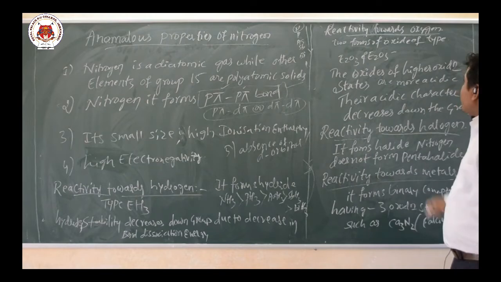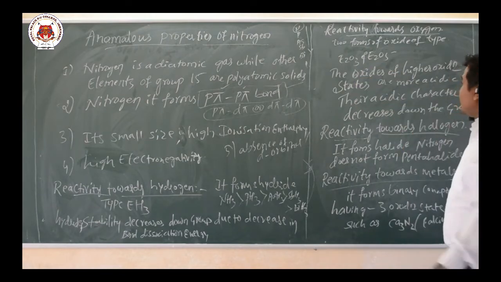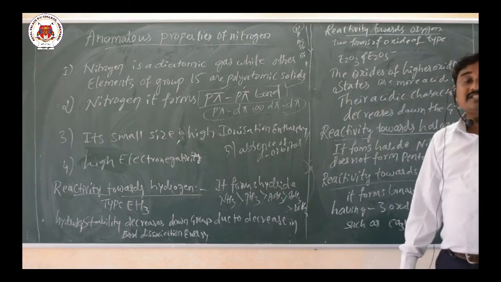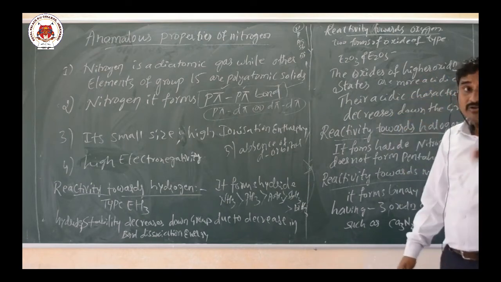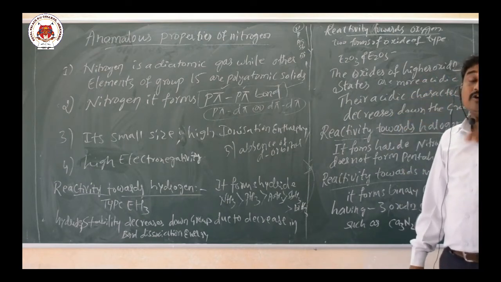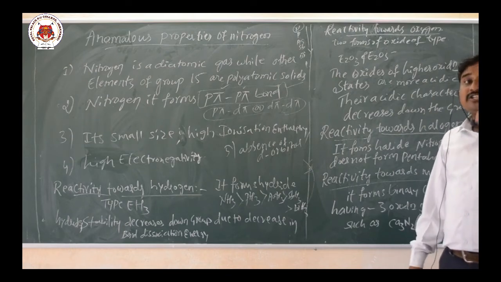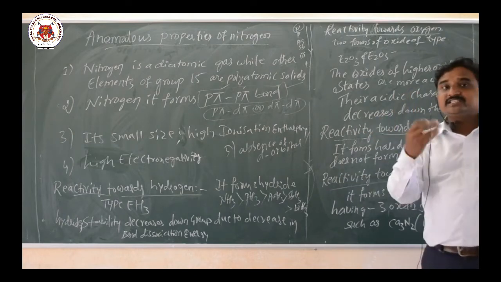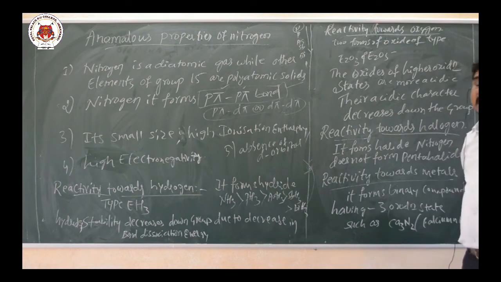Oxides of higher oxidation state are more stable and more acidic compared to oxides of lower oxidation state. The acidic character decreases down the group. This is the concept of reactivity towards oxygen.